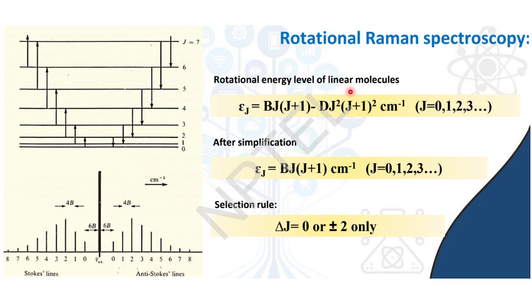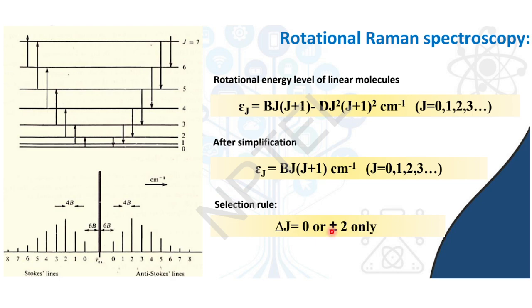The energy level of a linear molecule, for example CO2, epsilon J will be equal to B into J into J plus 1, where J is the quantum number, minus D J squared into J plus 1 whole squared, in centimeter inverse, and J can be 0, 1, 2, 3. Now, we can reduce it by ignoring the second part, since J and D have very low values, so we can consider it as B into J into J plus 1.